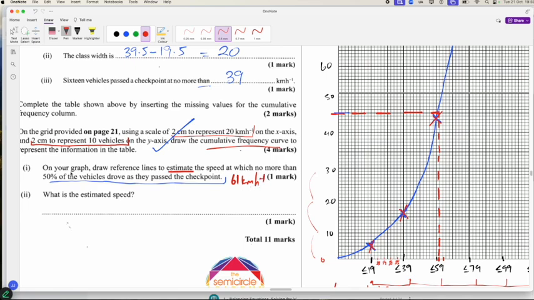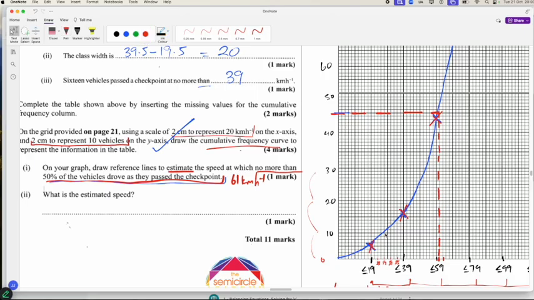So notice the actual question though. On your graph, draw reference lines to estimate the speed at which no more than 50% of the vehicles drove past the checkpoint. So 50% of the vehicles, half of the vehicles, drove past the checkpoint at 61 kilometers.